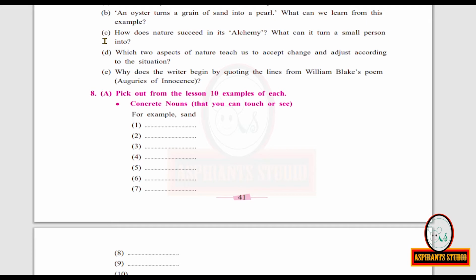Nature succeeds in its alchemy, A-L-C-H-E-M-Y, by changing things in a mysterious way.